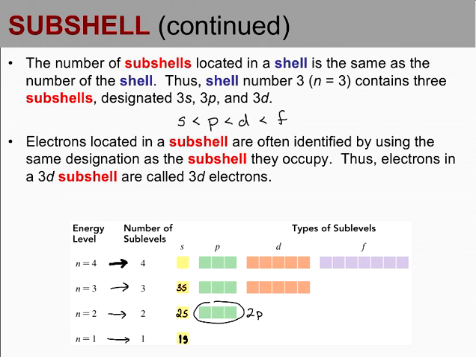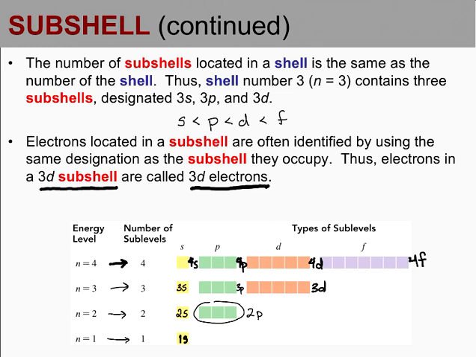So we have 3S, we have 3P and 3D, and then 4S, 4P, 4D, and then 4F. So if, for instance, we have electrons in a 3D subshell, we're going to call those 3d electrons.